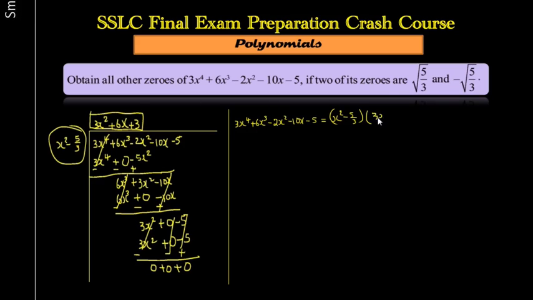We must write it here now, 3x square plus 6x plus 3, because after multiplying these two polynomials only we get this entire polynomial. That's why the product of these two plus remainder, which is 0 only.